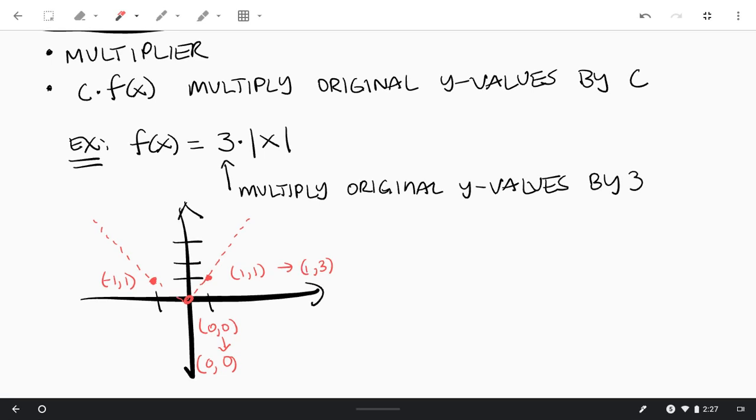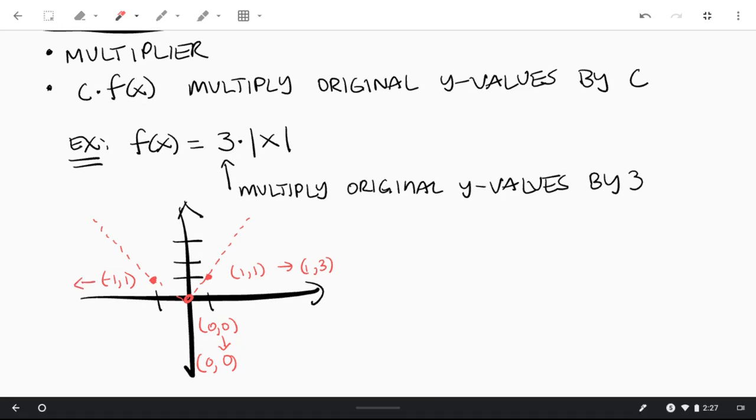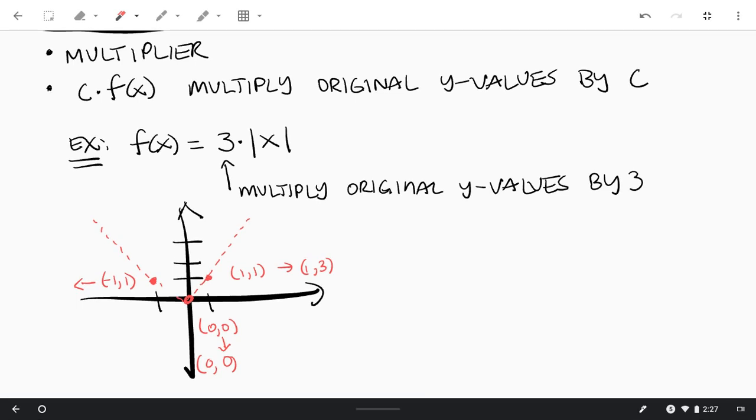Okay, and then over here, this one over here, the negative 1 stays, and then 1 times 3, the y value times 3, is 3.